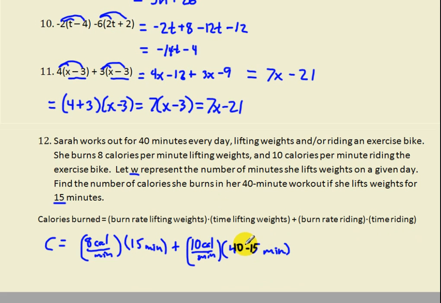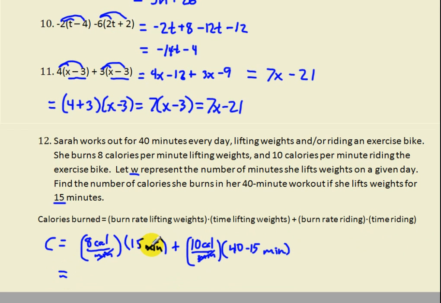So however long she spent lifting weights, she spends 40 minus that time riding the exercise bike to get a total of 40 minutes. So if we multiply this out, notice that our units cancel for minutes in both cases, and we're going to want to simplify that.